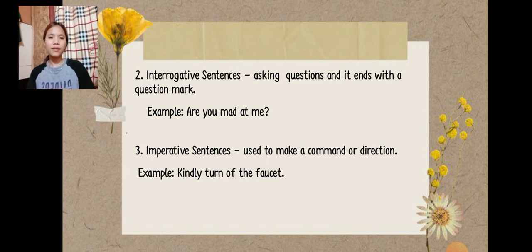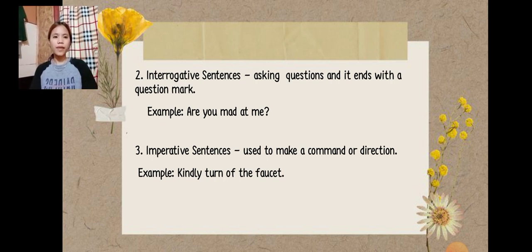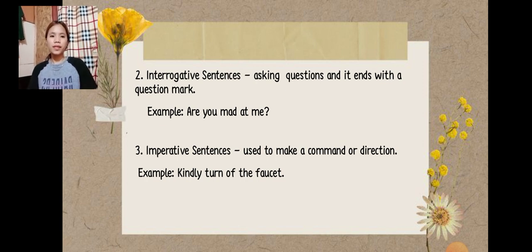Next, imperative sentences. Imperative sentences are used to make a command or direction, and they end with a period. Unlike the declarative sentence, which makes a statement and ends with a period, the imperative uses a command or direction, and it also ends with a period. An example is: kindly turn off the faucet.